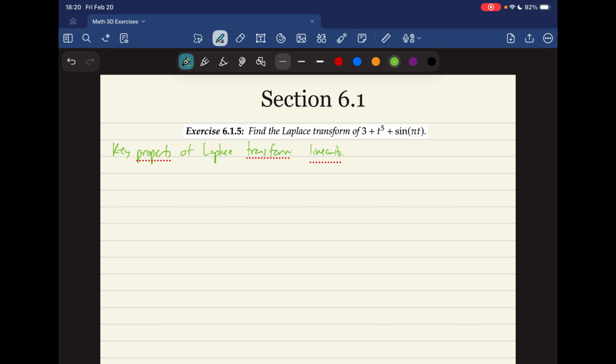This says that if I take the Laplace transform of two functions added together and scaled by constants a and b, then as long as f and g both have Laplace transforms, I can find the Laplace transform of this linear combination by just factoring out the constants and adding the results, L of g of t.